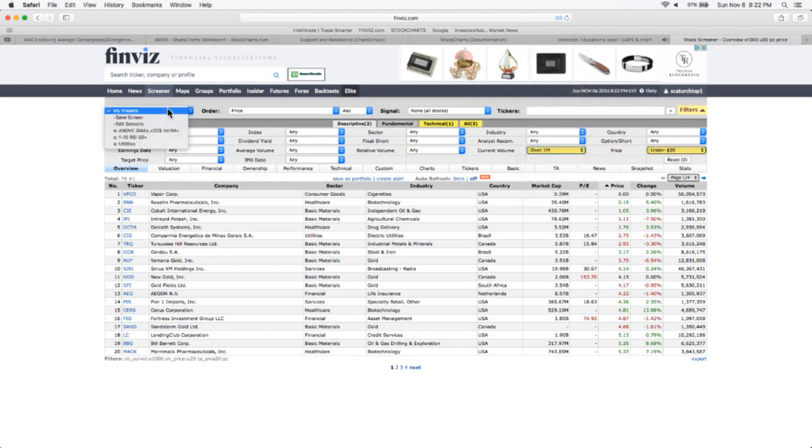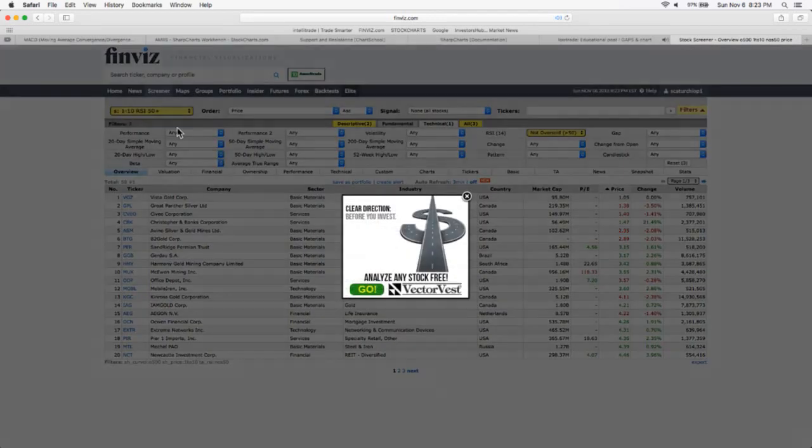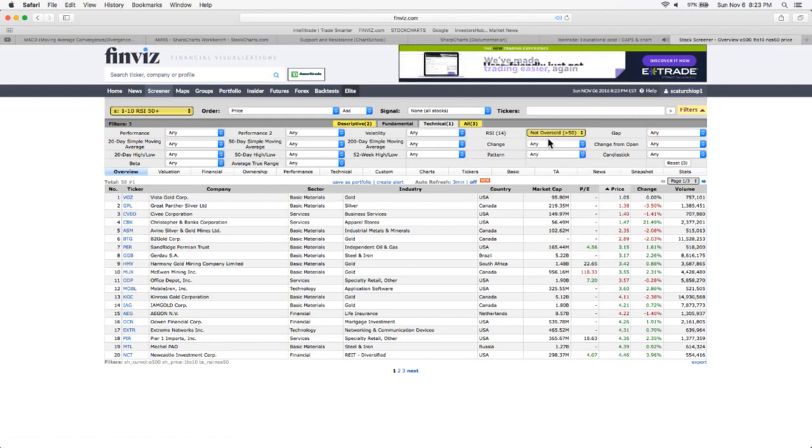So I kind of got a couple of presets here that I use. Let's look at this one here. Computer's a little slow, but with this screen here, what we're looking at is stocks priced between $1 and $10. The RSI over 50.